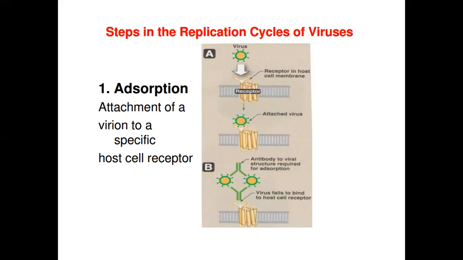That's why these viruses can damage all of them. So this is the most important step of the viral reproduction. If the virus can't find this receptor, the infection will not occur.